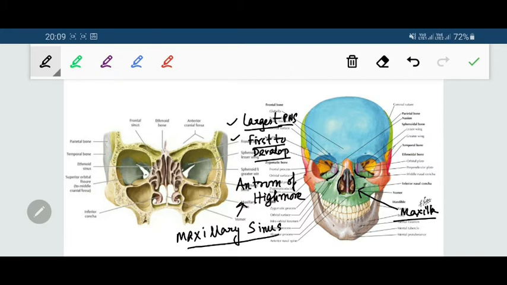It appears about the fourth month of intrauterine life. It enlarges rapidly during 6 to 7 years and becomes fully developed at puberty after the eruption of permanent teeth.